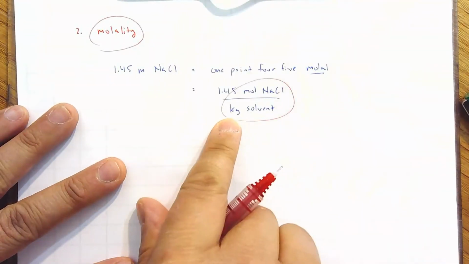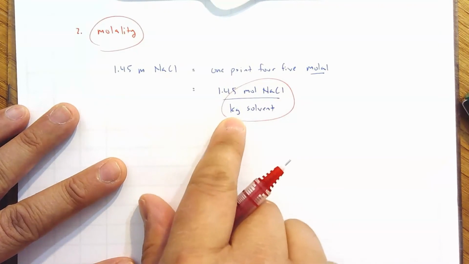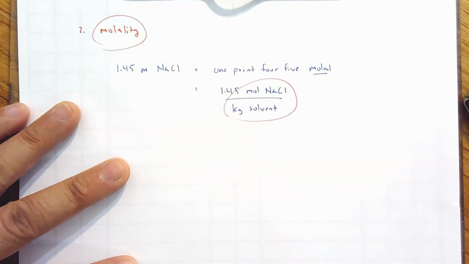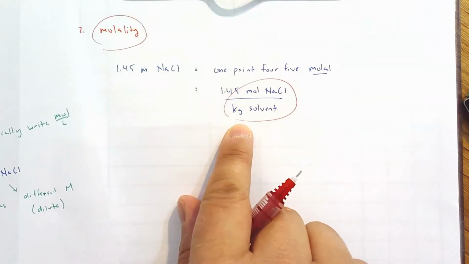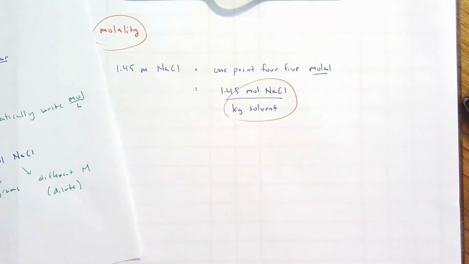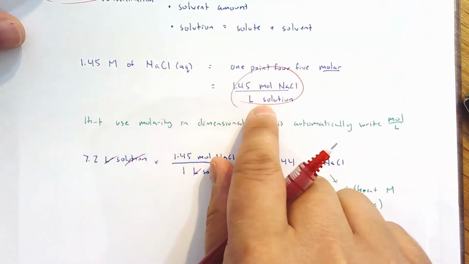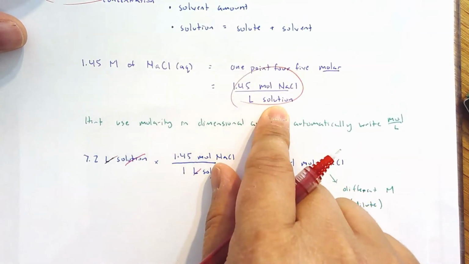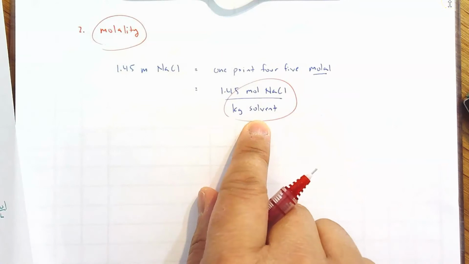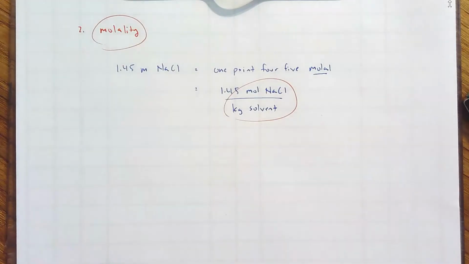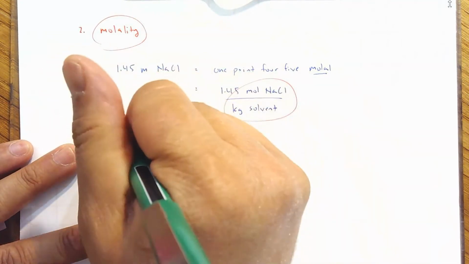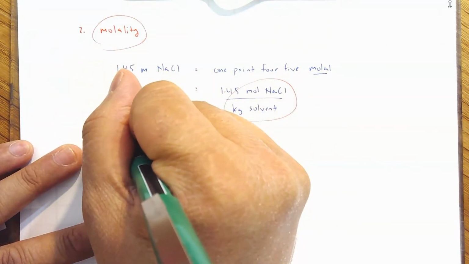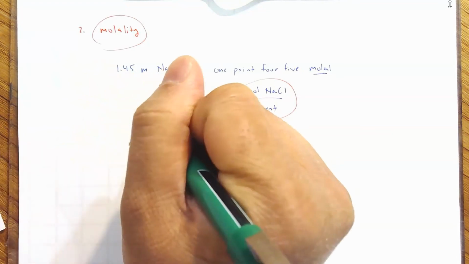Not only is the type of unit different, we went from liters to kilograms, but just as important, we went from liters of solution to kilograms of solvent. Again, not in this video, in definitely a future Unit 4 video, molality is important with colligative properties.